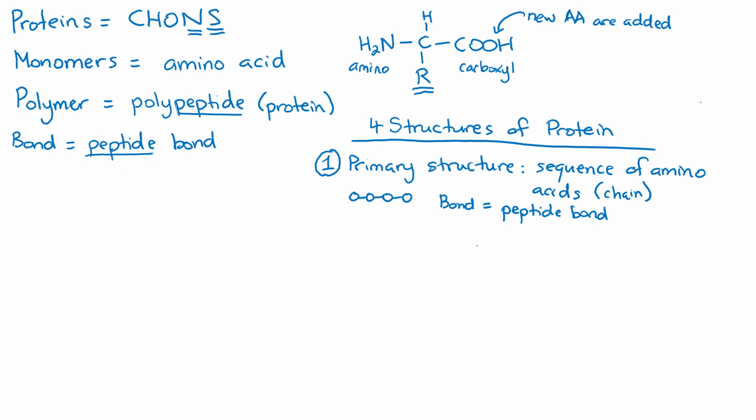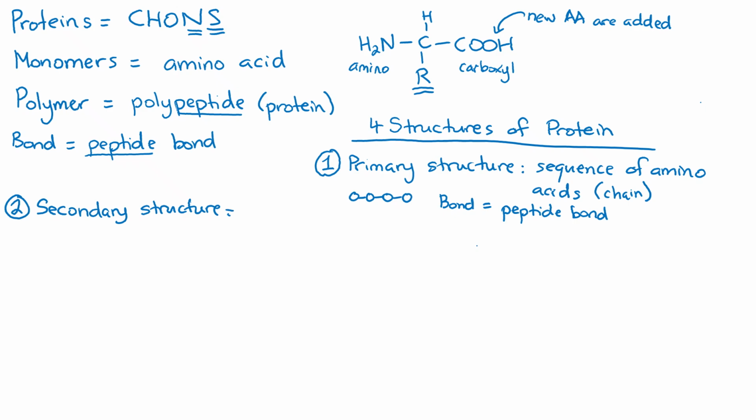Okay, so for number two, I'm going to move my pen over here, and we have the secondary structure. Secondary structure comes about when the amino acid chain starts to twist and turn.